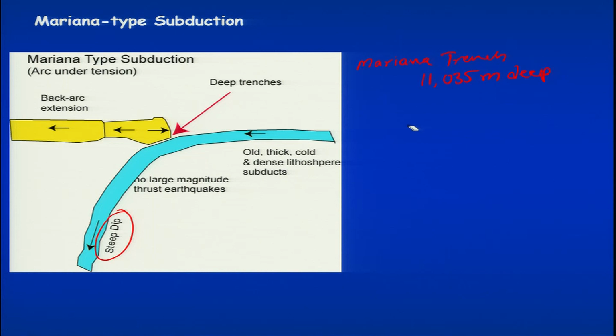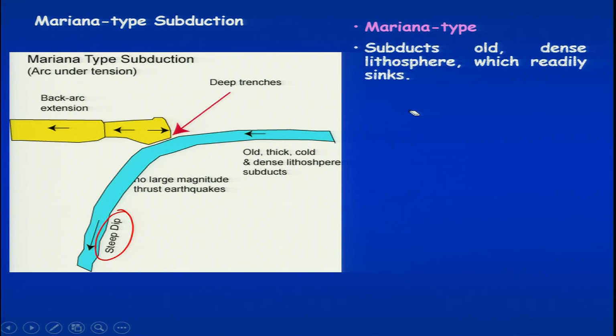Okay. So the Mariana Trench or the Mariana type subduction zones usually subduct old dense lithosphere which readily sinks because it is older and thicker.